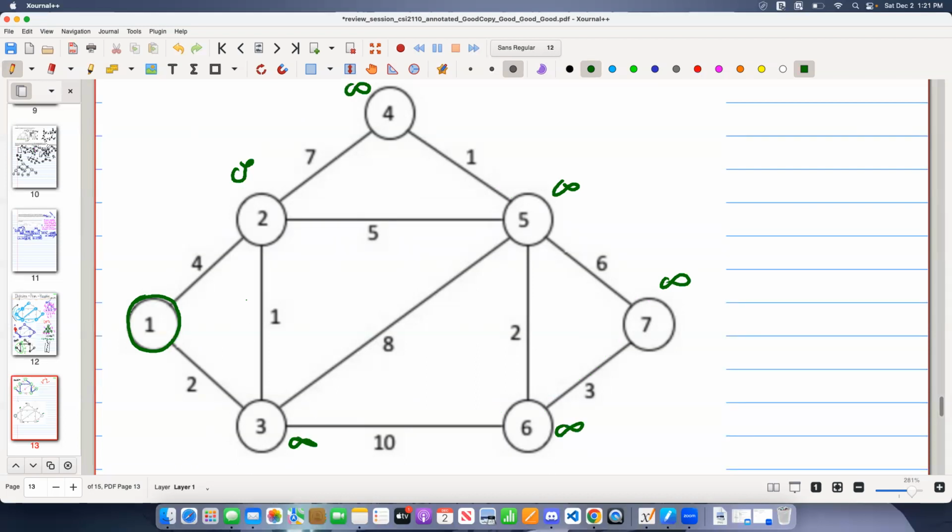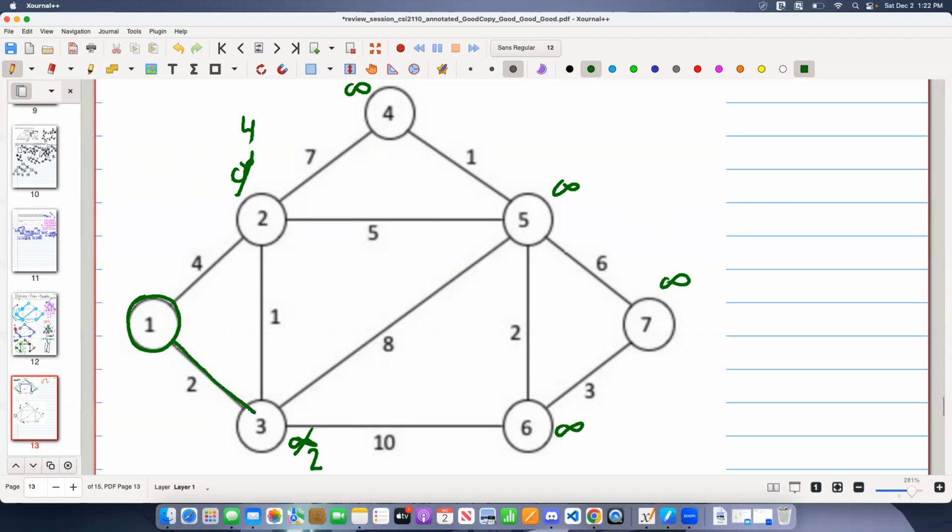Okay. When we start with 1, we can update 2 and 3. 2 is now equal to 4, which is the weight of its edge plus the weight of its previous node. The previous node was 0, so therefore it's just 4. 3 is now equal to 2, in terms of its weight. So what do we travel to first?